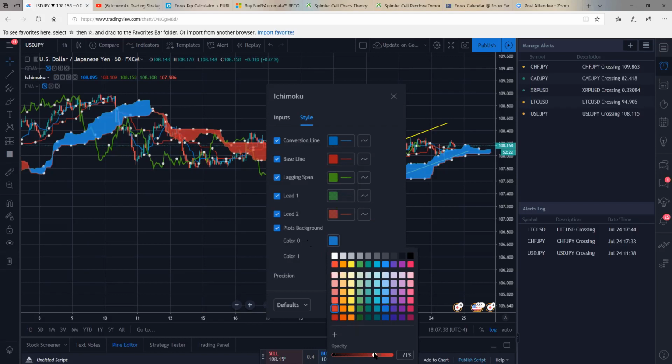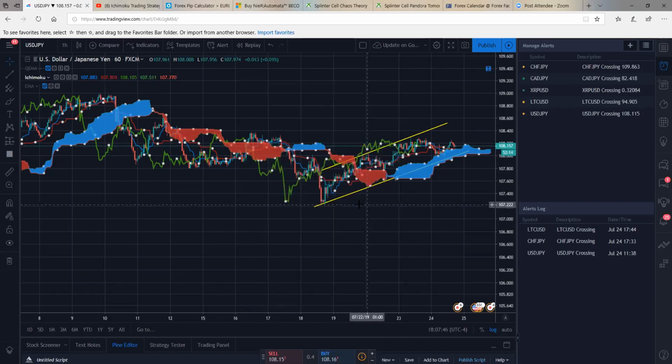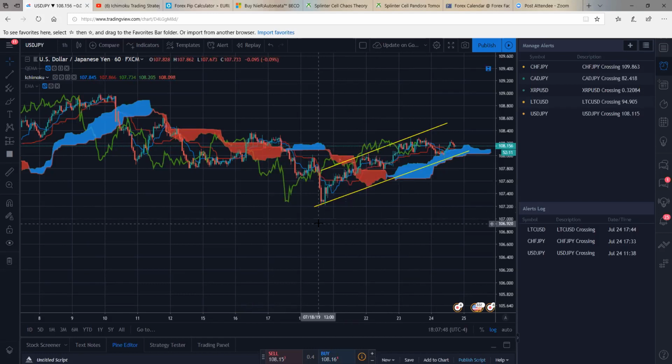I'd like your opacity to be about, again, 70%. Hit OK. Now, what this does is it makes your Carolina blue noticeable and your cherry red noticeable, because these are important areas that we are going to be paying attention to.